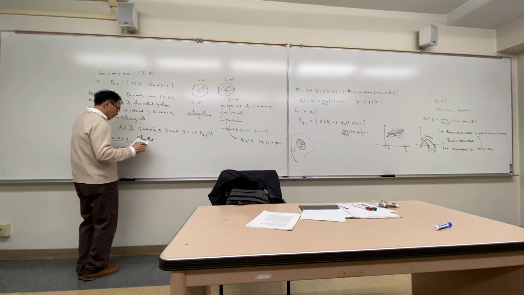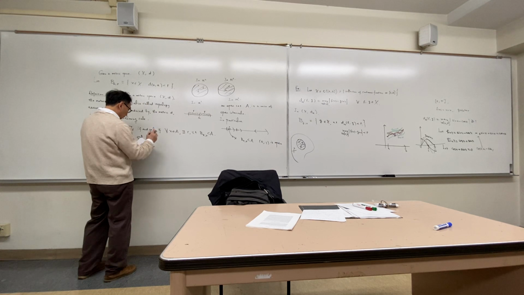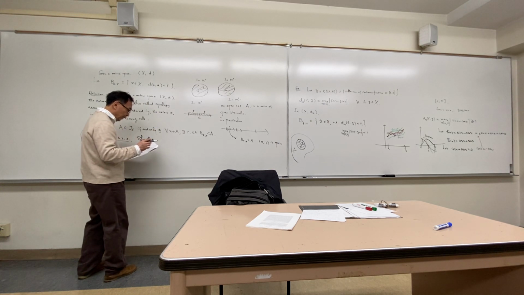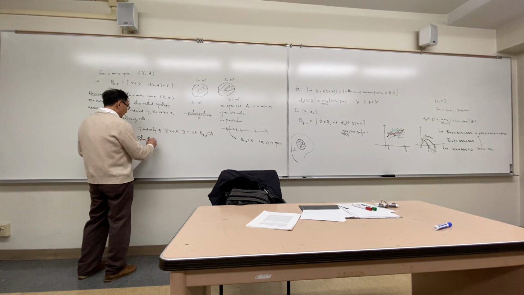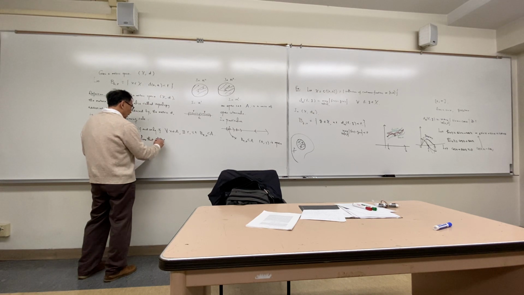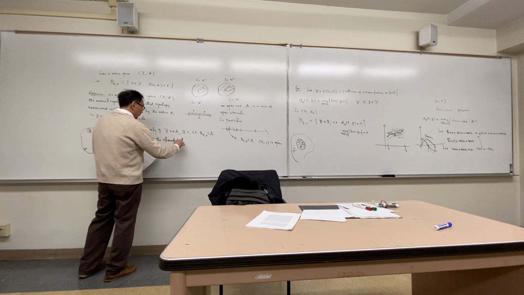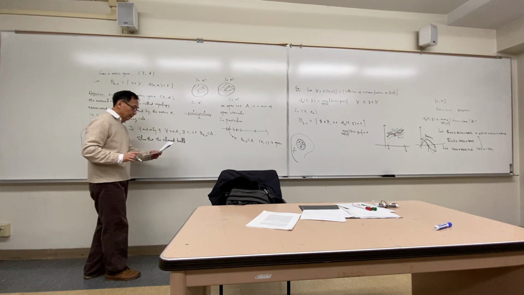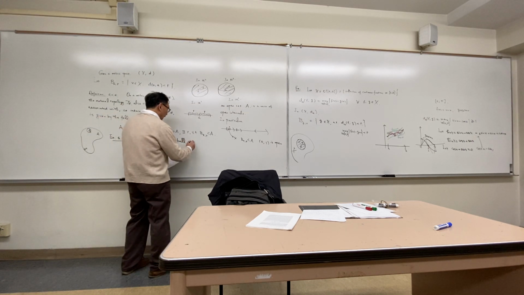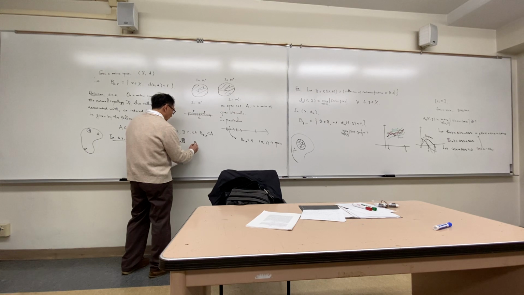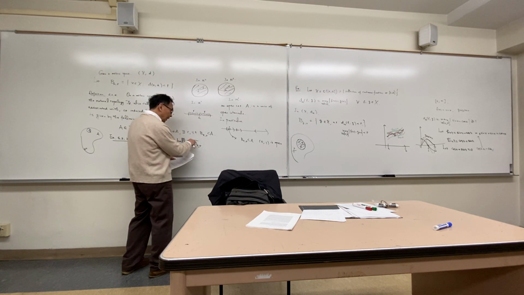We first need the concept of the ball, and then closedness and openness. What does the closed ball mean? It is defined to be B-bar, we put a bar up here, of a with radius r.